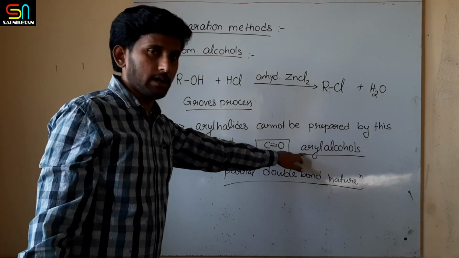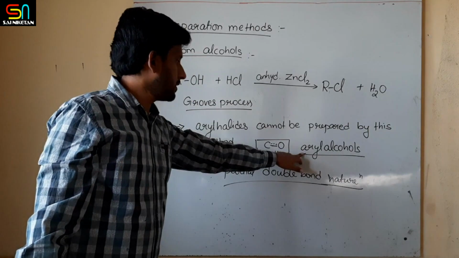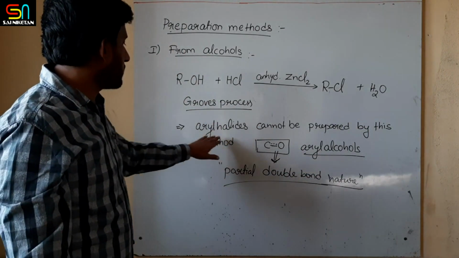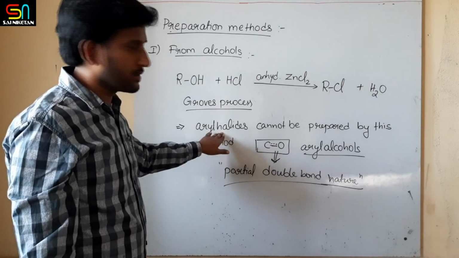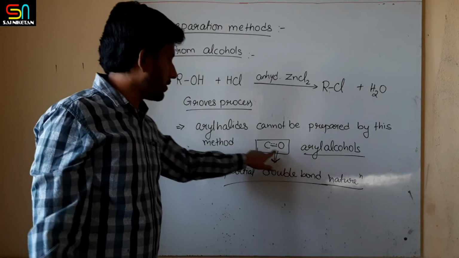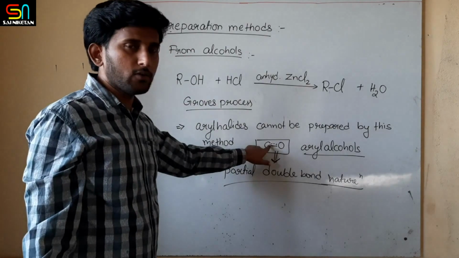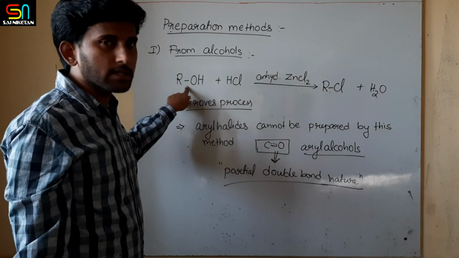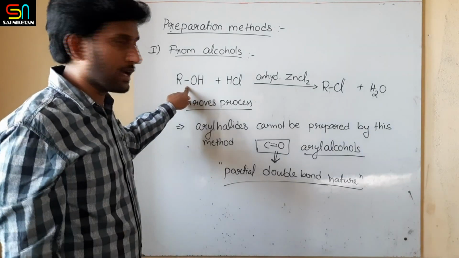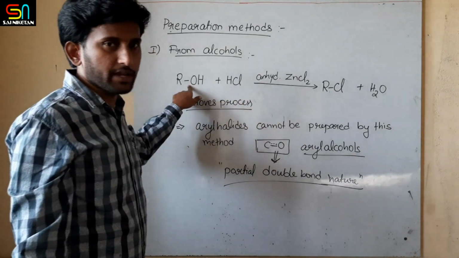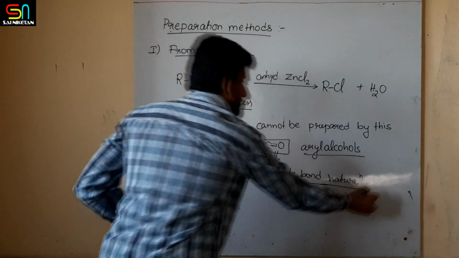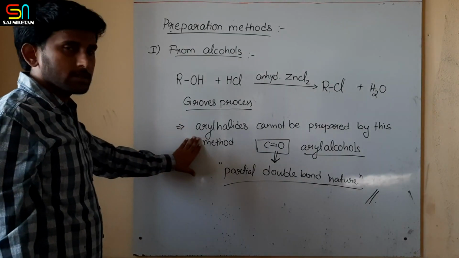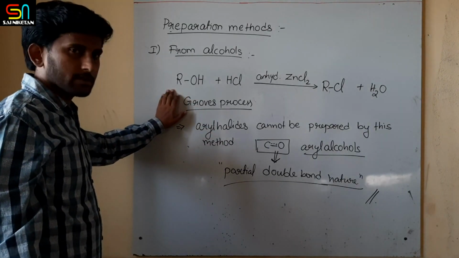That is why we say in the Groove's process you cannot prepare aryl halides, because in aryl alcohols the C-O bond has partial double bond character, whereas in alkyl alcohols it has single bond character, which is easier to break. Now this is one drawback of the Groove's process.